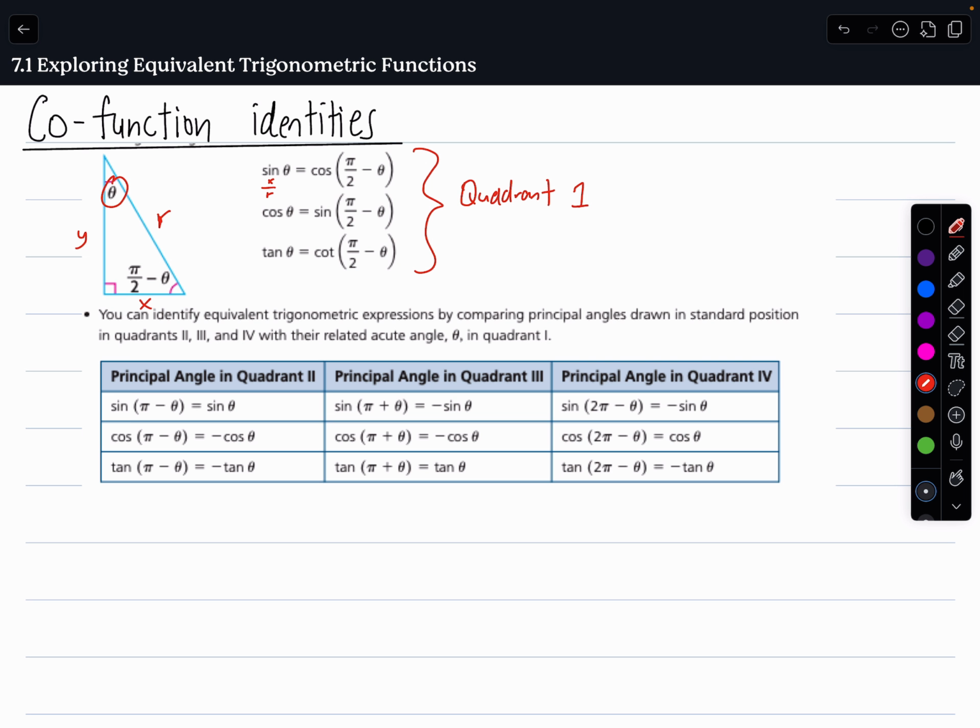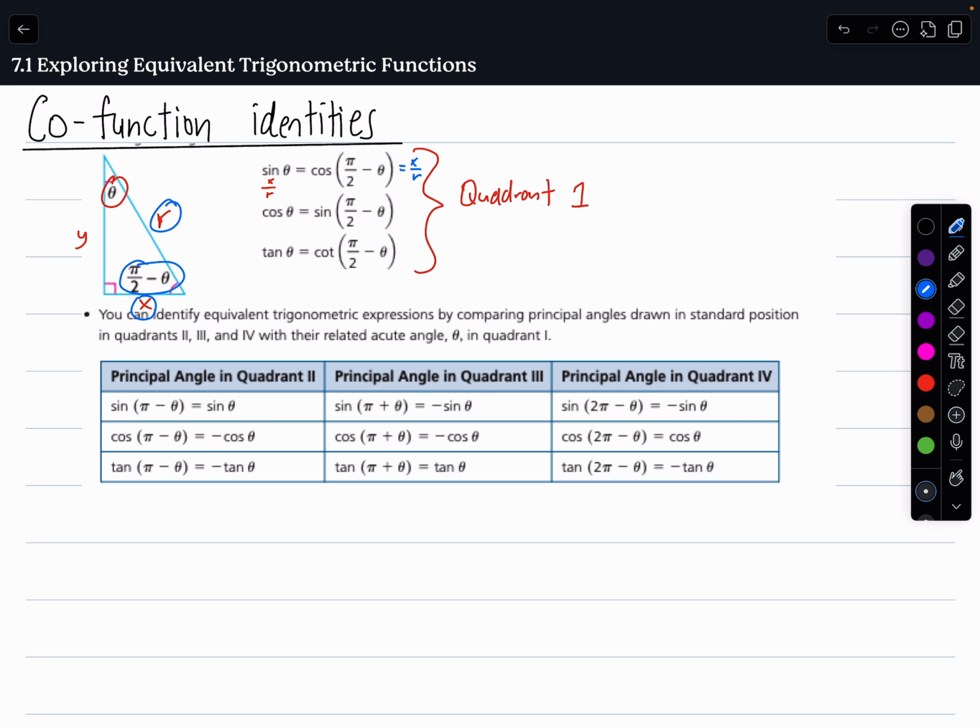That's the same thing as saying cos of pi over 2 minus theta, because cos of pi over 2 minus theta is talking about this, which is adjacent over hypotenuse, which is also x over r. So notice how we're using the sine theta and the cos theta, but with these interior acute angles, we are getting the same thing.